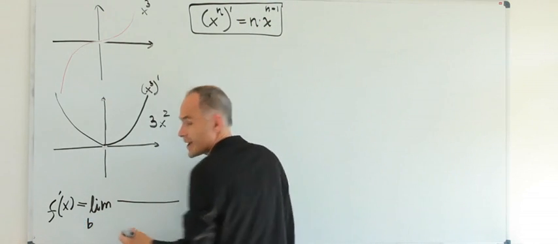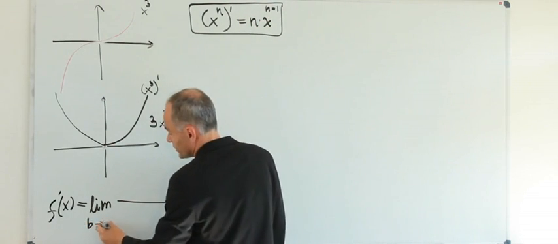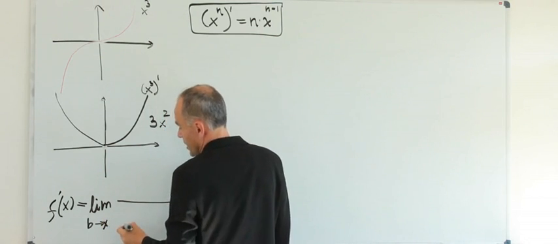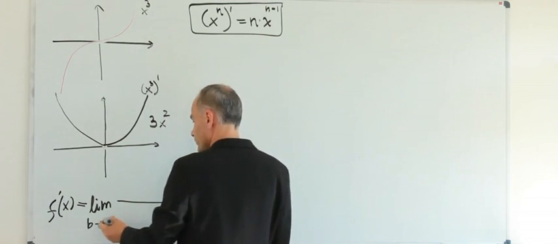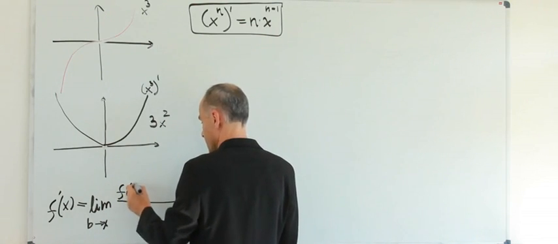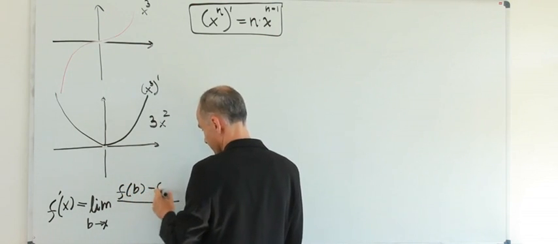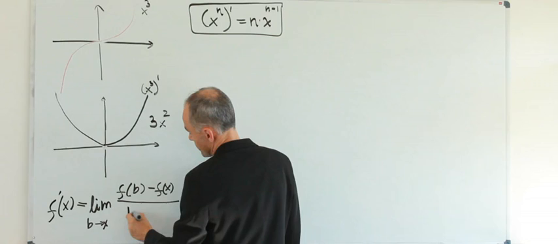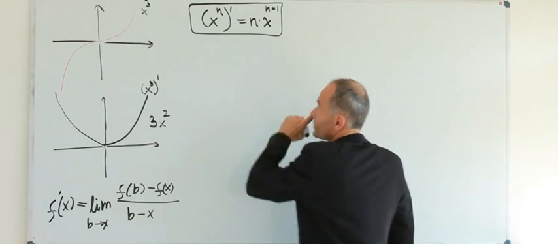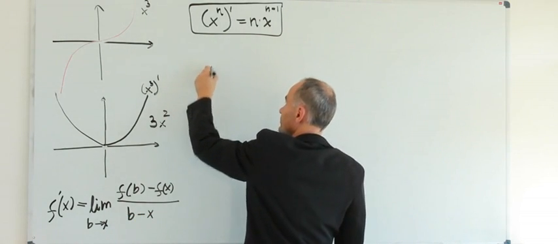If I let x plus h be b, then in the definition of the derivative, b will go to x, and then I have the difference f of b minus f of x divided by b minus x. So let's prove this.